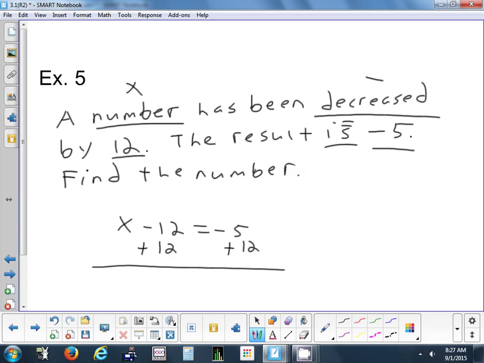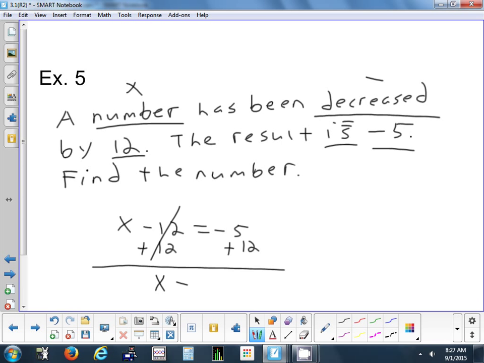Okay. So now on the left-hand side, Michaela, what happens to negative 12 plus 12? Yep. Cancels out. All right. So Davin, on the left-hand side, what do we got now? 0. Yep, for negative 12 plus 12, we got 0. What else, though? Good. And then we still have the x.